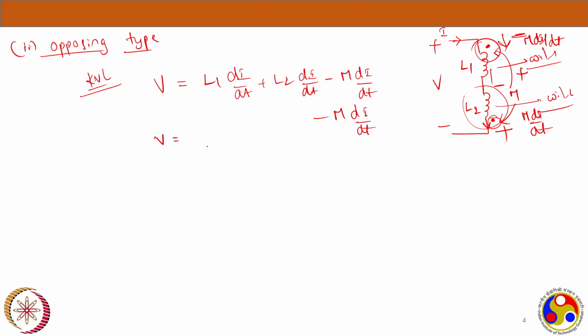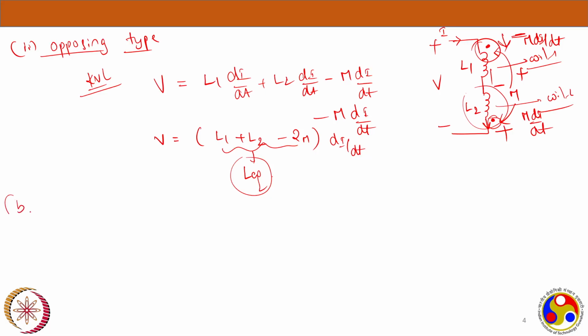And then if we see the equivalent inductance in an opposing type, we can say L1 plus L2 minus 2M. So it's kind of opposing the voltage induced by the self-inductance. Now self-inductance and mutual inductance voltages are mutually opposing. That's why we call it an opposing type of circuit. And here it is again L equivalent, but for opposing type. It's nothing very difficult. I hope this is clear now.